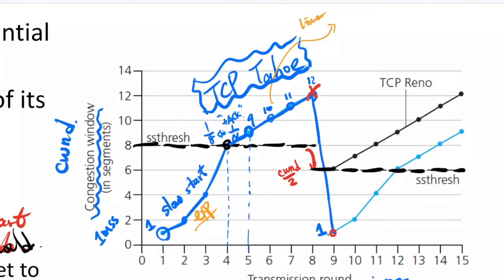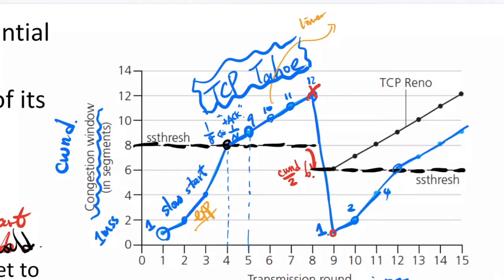So if you experience a packet loss at 12, then your slow start threshold decreases to half of the congestion window, which is 6 right now. Your current congestion window will start again from 1, and so on. That means after that, you can increase your congestion window size exponentially until you reach your new slow start threshold and continue linearly.